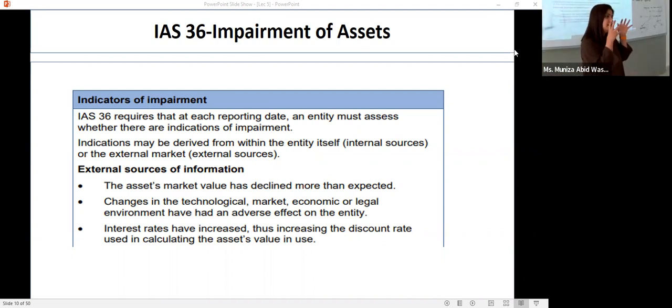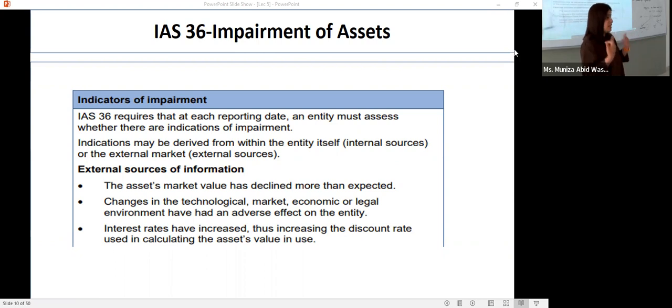In the situation of a few assets, we immediately start this working. For example, in the case of goodwill, or in the case of IAS 38, immediately we start working. But in the case of a few assets, especially IAS 16, we first estimate whether there is an indicator of impairment or not.